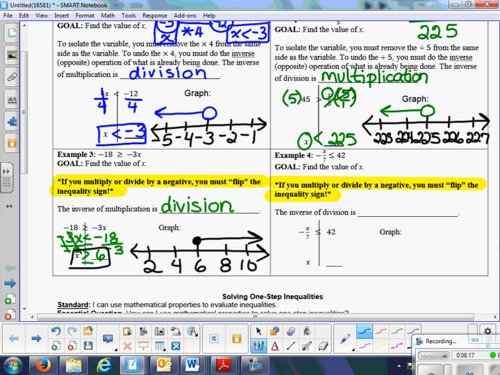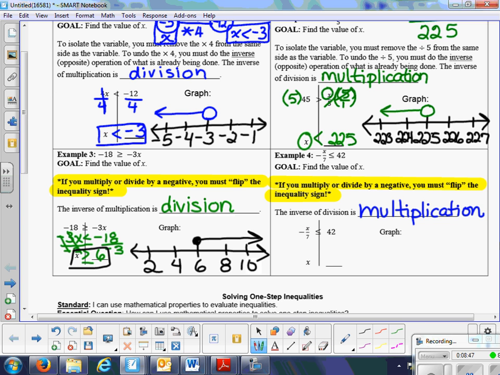Our last example is negative x divided by 7 is less than or equal to 42. The inverse of division is going to be multiplication. Remember that when you have a negative fraction, that means your quotient is going to be negative.